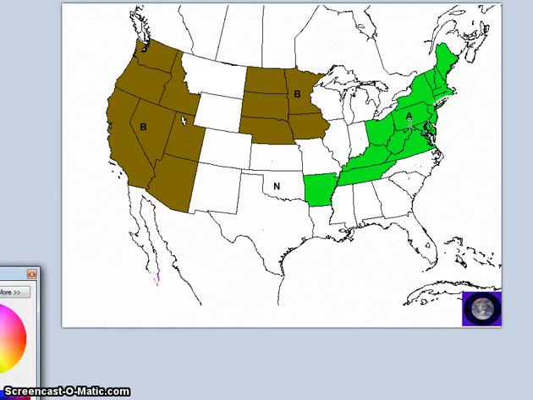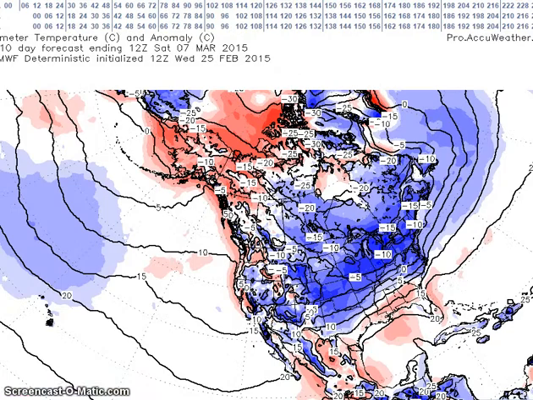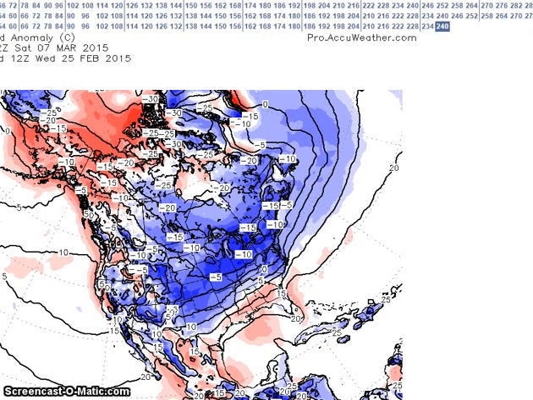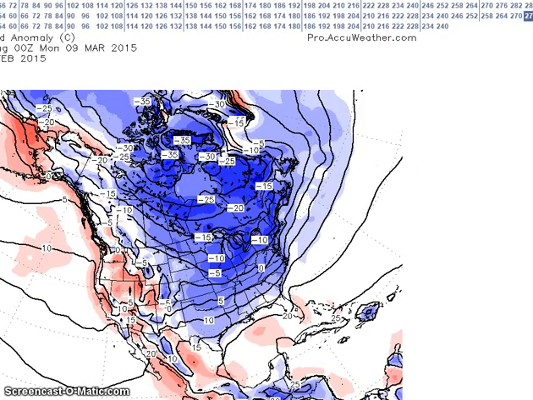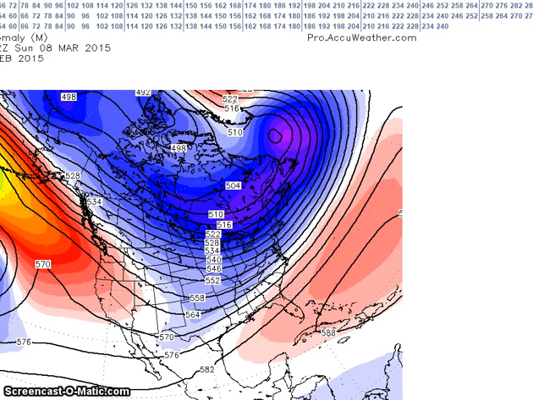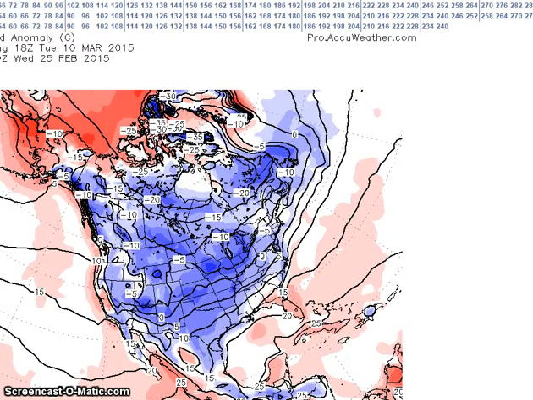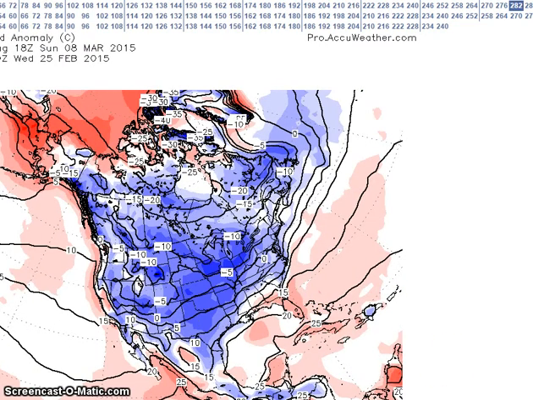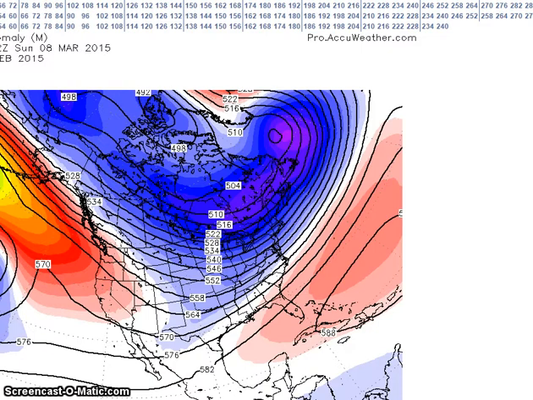Next is the period for March 8th to 12th. Here's the 8th, and the models are jumping around. Okay, here we are at the 8th, and we still show little change in the circulation.